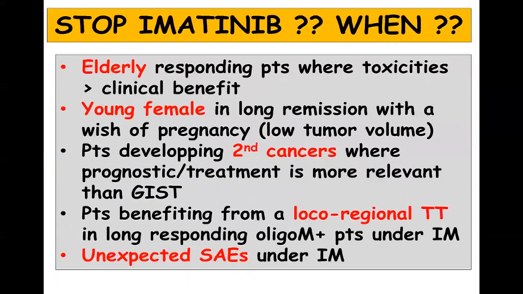There are some exceptions: in elderly responding patients where toxicity is higher than clinical benefit; in young females in long remission with a wish for pregnancy and a low tumor volume; in patients developing a second cancer where prognosis or treatment is more relevant than GIST; in patients benefiting from a local regional treatment in long-responding oligometastatic disease under imatinib; or in case of an unexpected severe adverse event under imatinib.